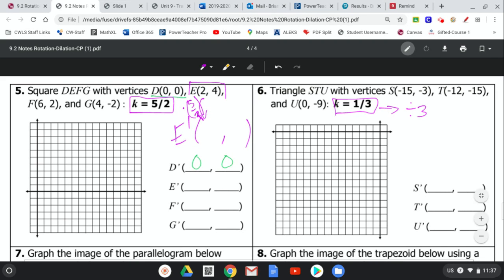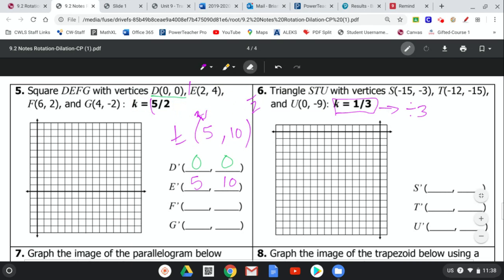Again, you can multiply by 1/3 in number 6 or divide by 3. For number 5, multiply by 5 halves, but put that 5 halves in parentheses. So 2 times 5 halves is going to give you 5, and 4 times 5 halves is going to give you 10. So E prime is going to be at 5, 10.